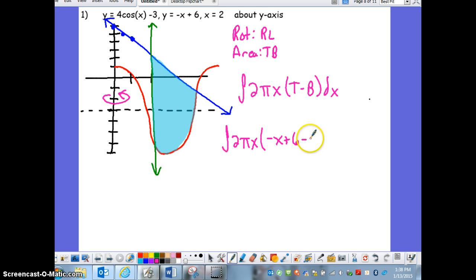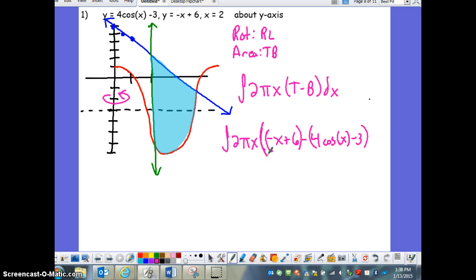So that's going to be minus 4 cosine of x minus 3. You have to be careful you put that into parentheses, because we need to distribute this minus sign here. I know a lot of us will put this first one in parentheses, so I'll do that right there as well. That's fine. Just make sure you're careful when you're plugging this in. Then end that parenthesis, and this is, again, a dx.